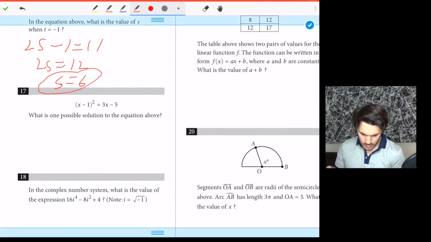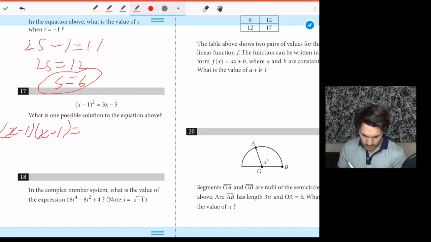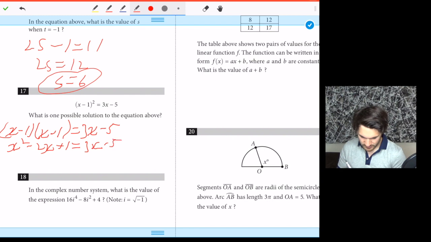Boom. Number 17. What is one possible solution to the equation above? Okay, so this is a quadratic. So let's FOIL out the (x - 1). Remember, this is going to be (x - 1) times (x - 1) equals 3x minus 5. So x squared minus 2x plus 1 equals 3x minus 5.